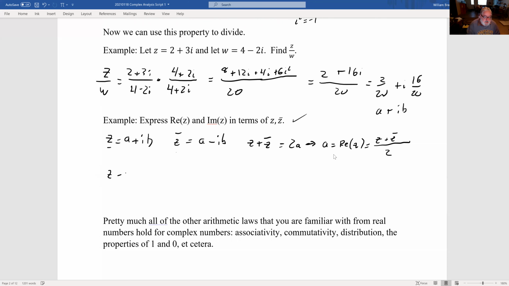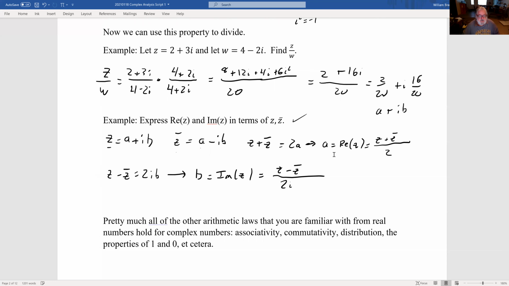z minus z bar now. a minus a is 0, but ib minus ib is 2ib. So what does that tell me? That b, which is the imaginary part of z, is actually z minus z bar over 2i.